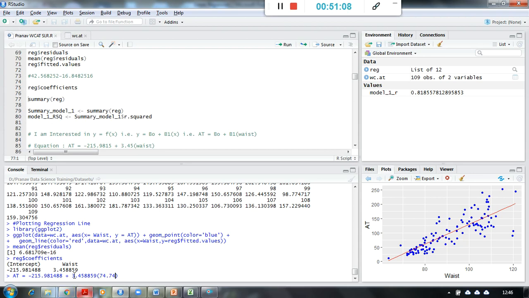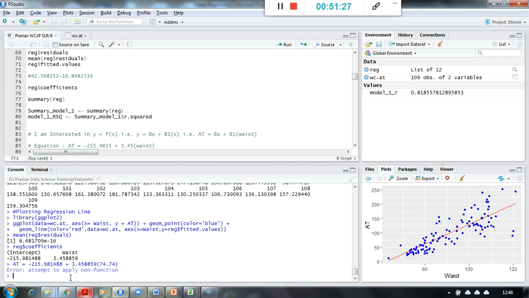By using this slope equation of a line, y equal to mx plus c, where this is my constant or y-intercept and this is my slope. These values have come from the relationship between y and x. So if I use this equation, let us see what happens.